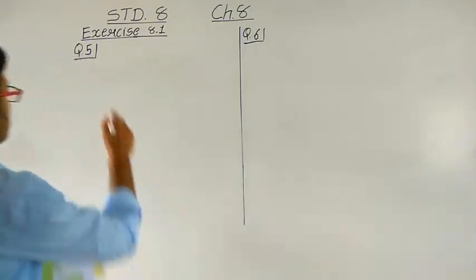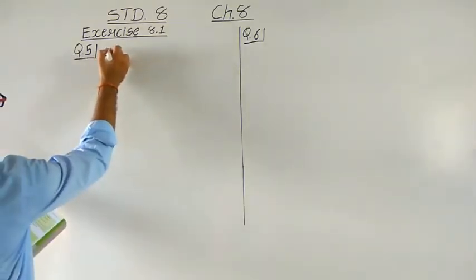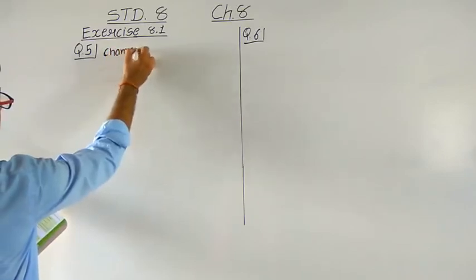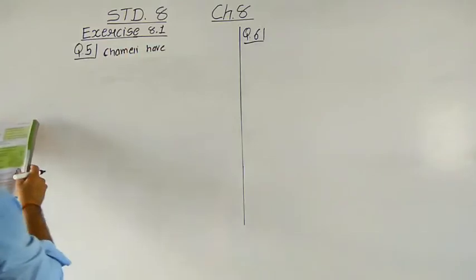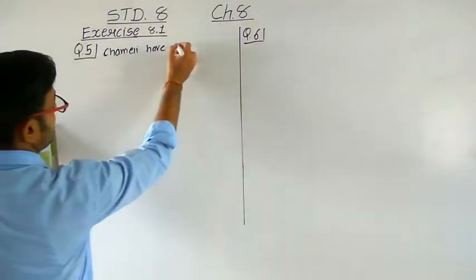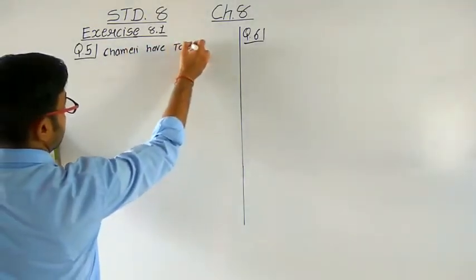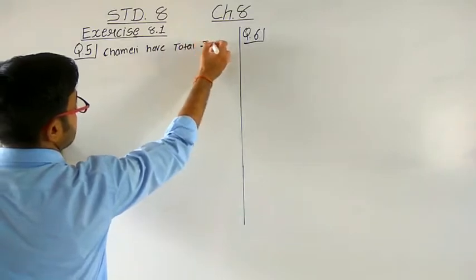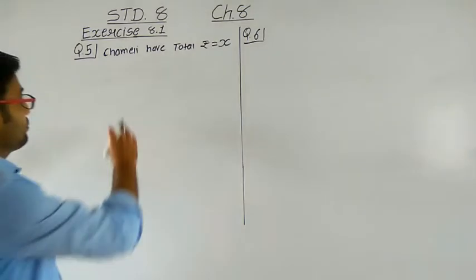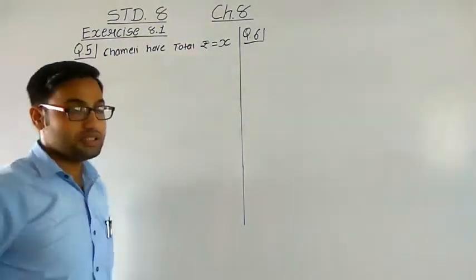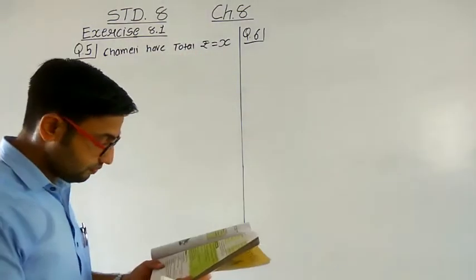So let us suppose Chameli has total rupees equal to X, right? So in the beginning, suppose Chameli has total rupees equal to X.